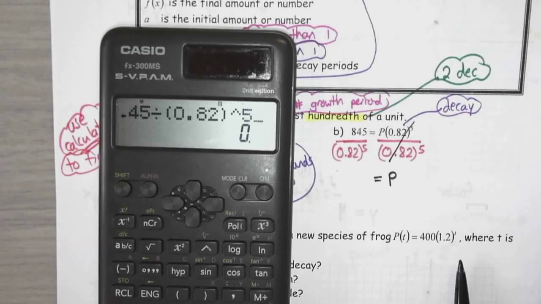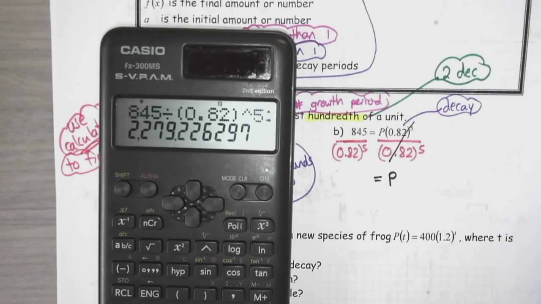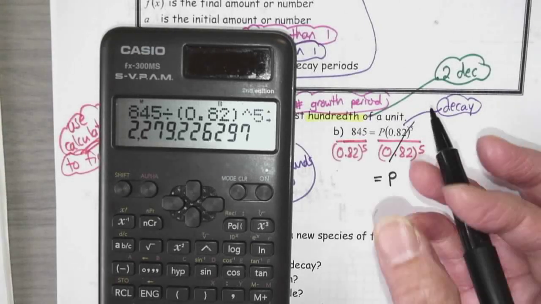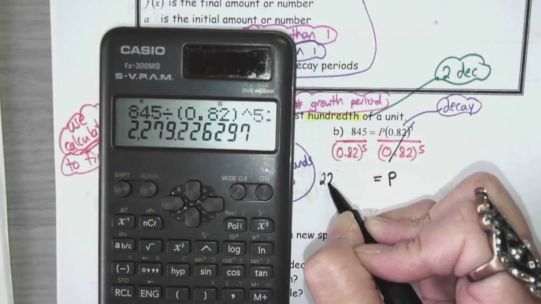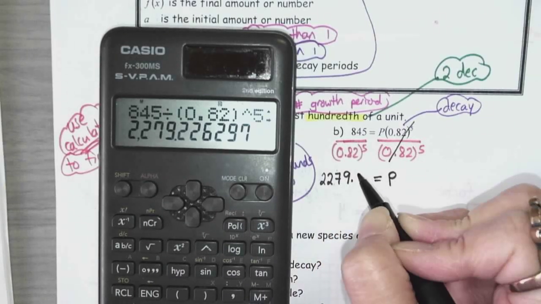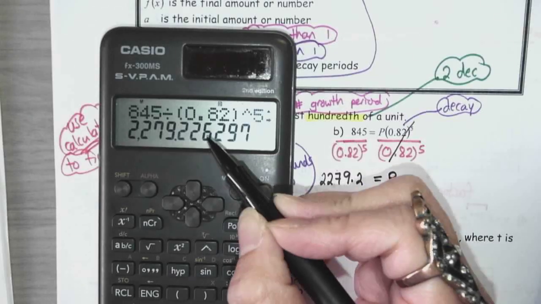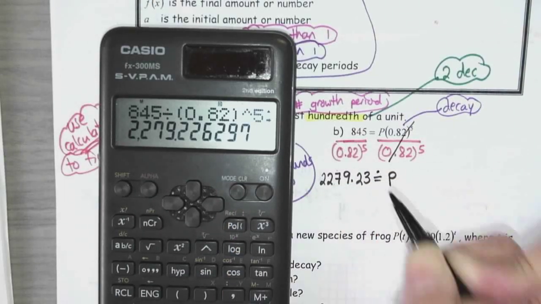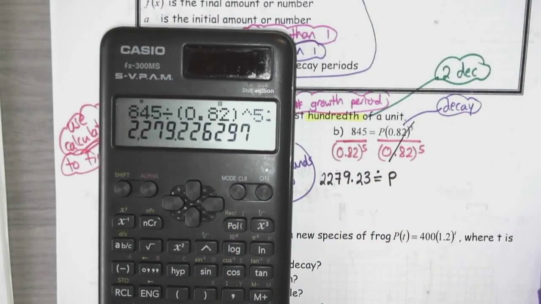I don't want to have 2 rounds, because you have to round it 2 times, and it actually makes it worse. Okay, and then equals, and I got 2279.2, round up, 3.